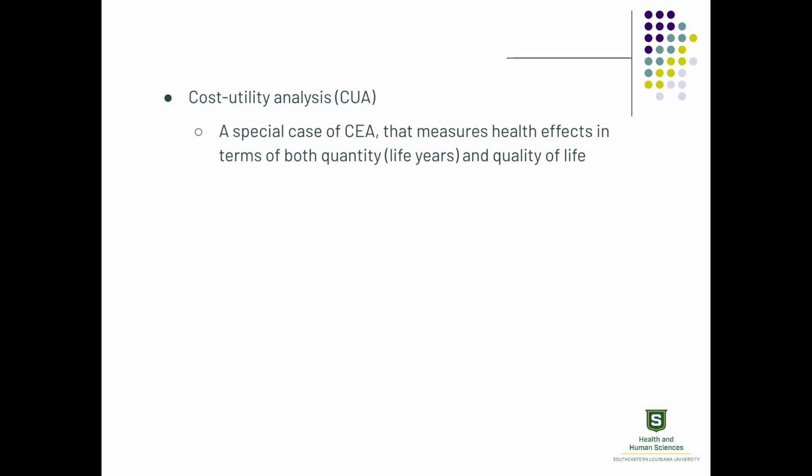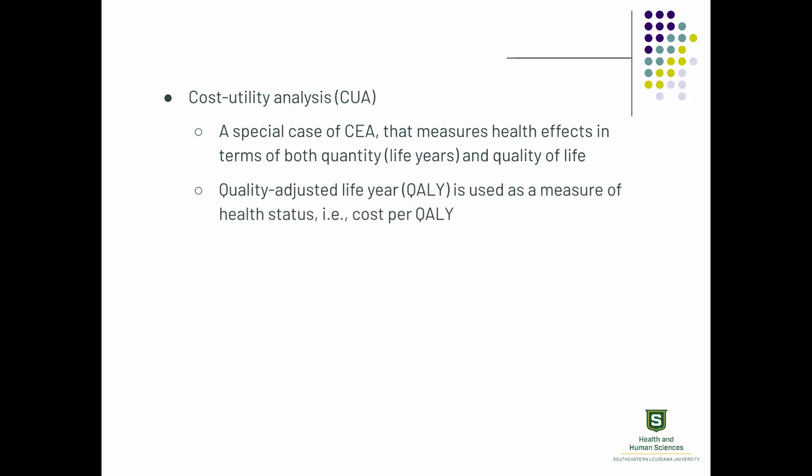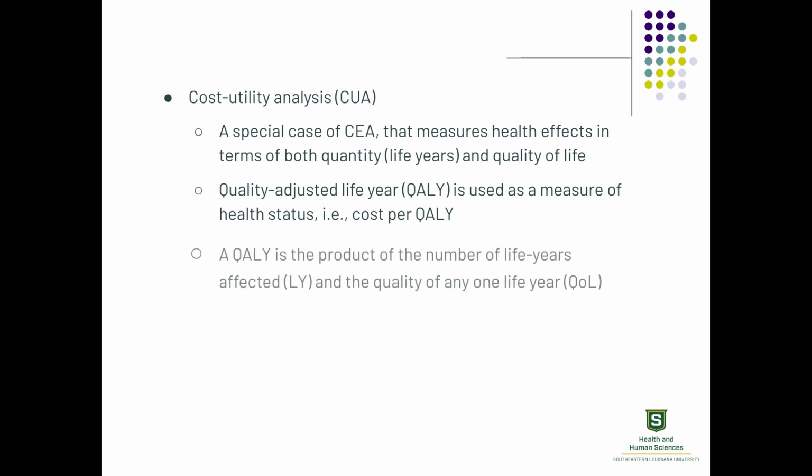The measure it uses to come up with utility is the quality adjusted life year, or QALY. QALY is determined as the product of the number of life years affected and the quality of any one life year.